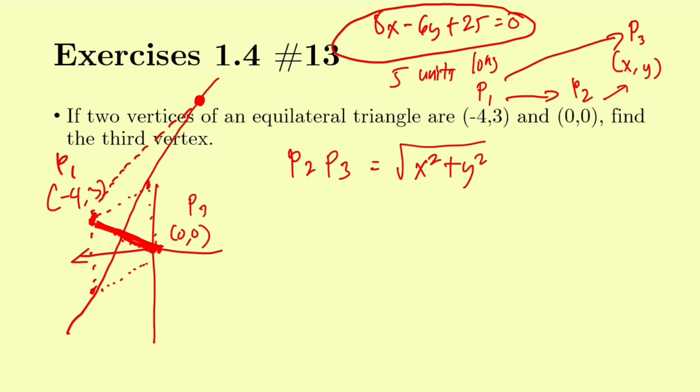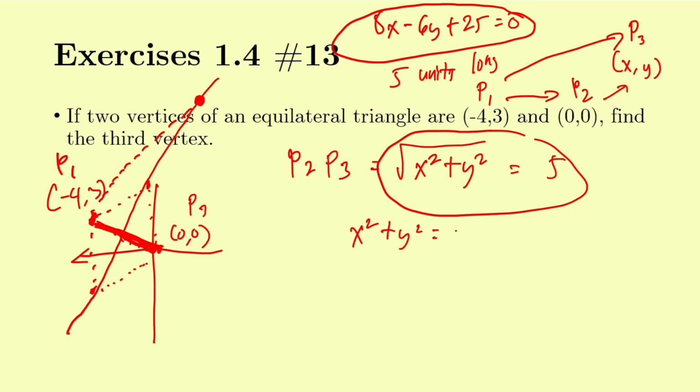Kasi (x minus 0) squared plus (y minus 0) squared. Yun na siya. We can equate this further with the length of 5 units. So yun na. This equation will help us determine the 2 points. Okay. Actually, if we're going to square both sides, it's going to be x squared plus y squared is equal to 25. And this will draw a circle.